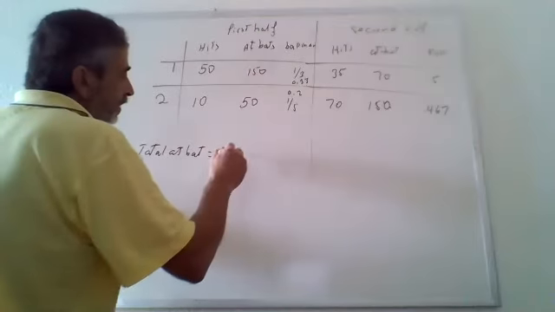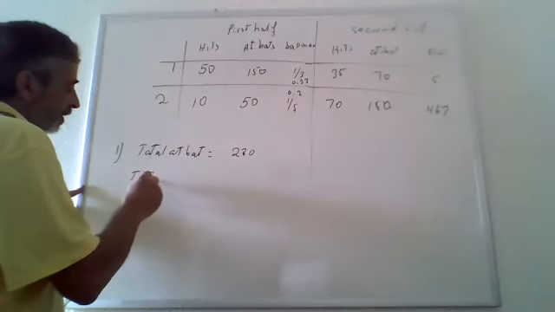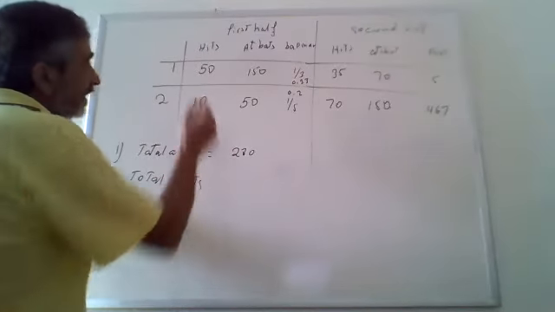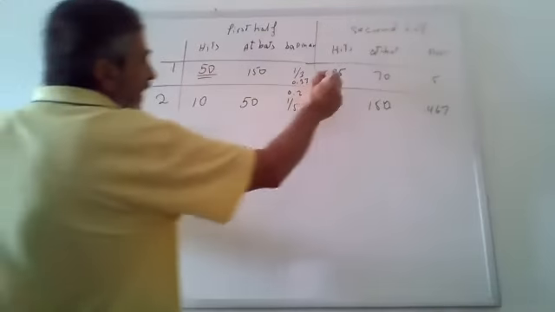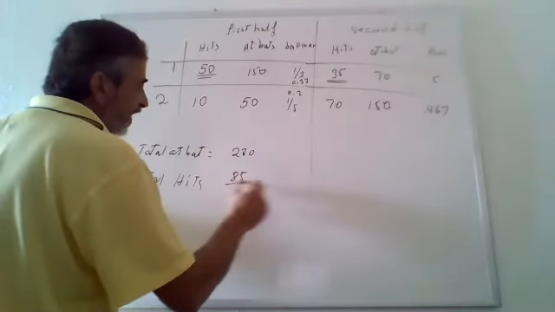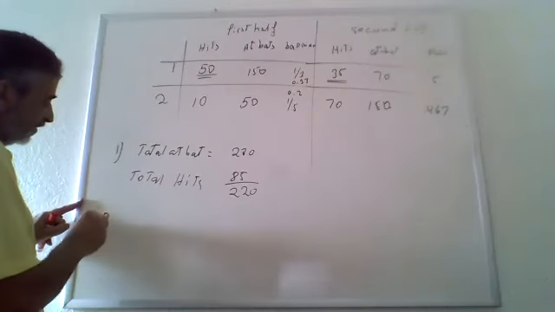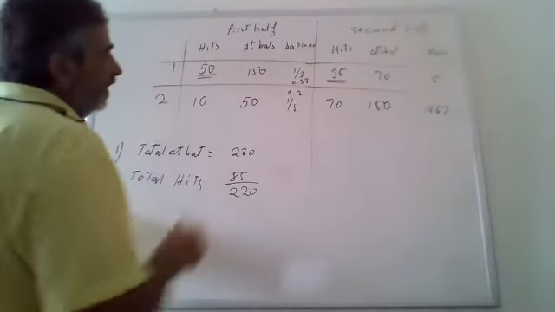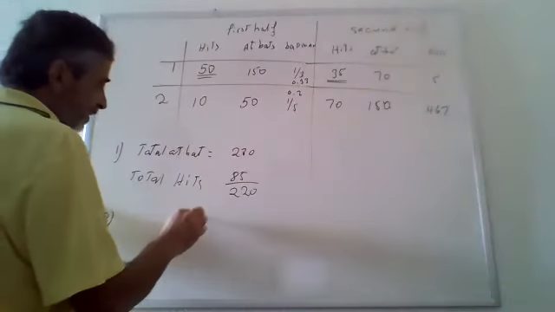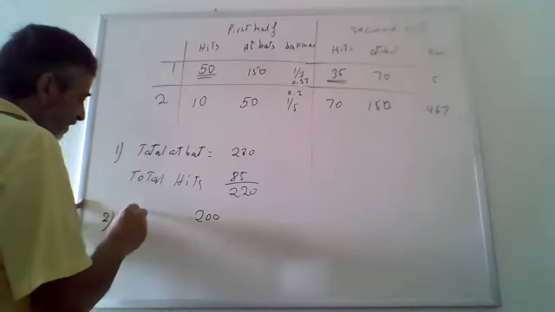Total hits would equal, now he got 50 and 35, that's going to be 85, so it's going to be 85 divided by 220. For player two, we have 50 and 150, that's 200 total at bats.